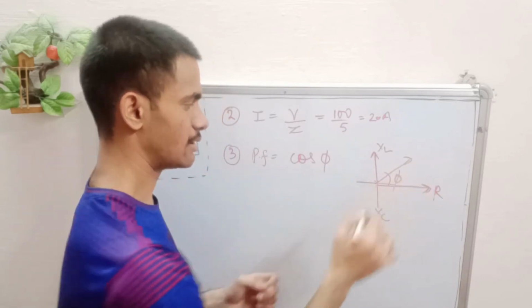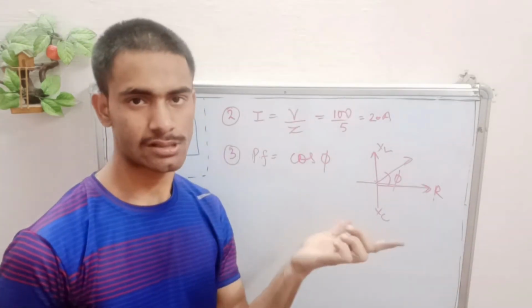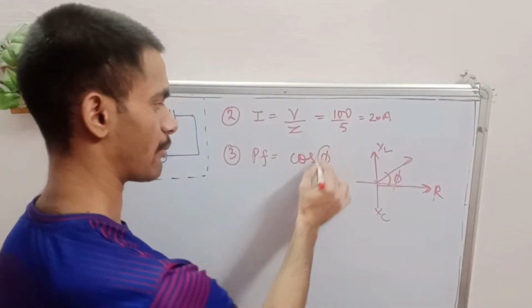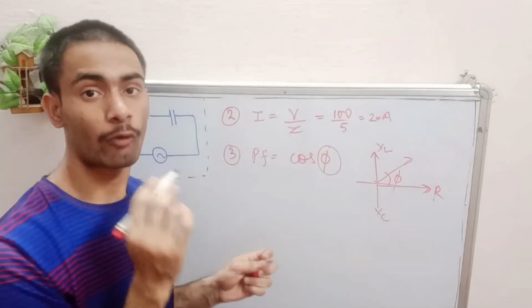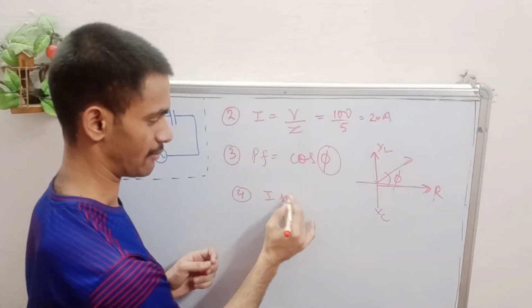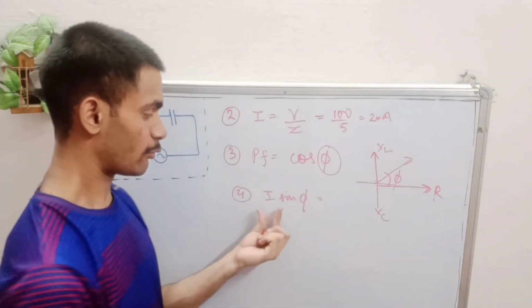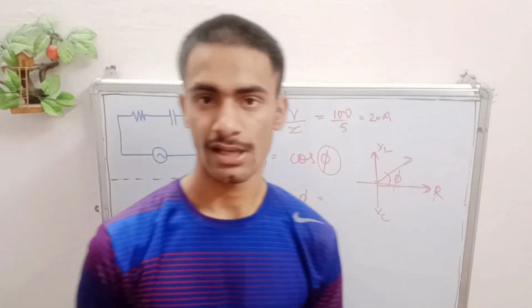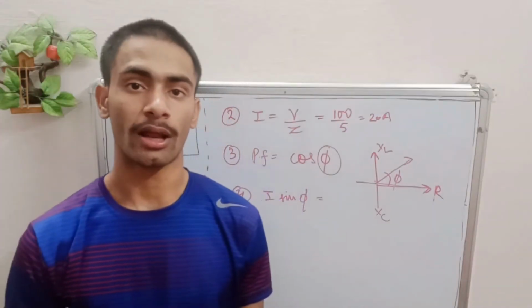That is psi. In this case it was minus 53 degrees. That is, just by putting that angle you will find it. And the wattless current is equal to I into sine of psi. Put the value of I and use this sign. You can use phasor representation, rectangular form or polar form, all three as per your convenience.